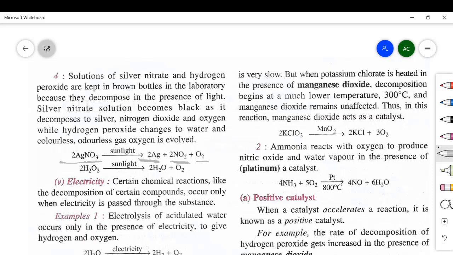If you keep silver nitrate solution in the laboratory, it will decompose into these compounds, and that is why silver nitrate is kept in a brown bottle. Silver nitrate and hydrogen peroxide are both kept in brown bottles in the laboratory to stop decomposition due to light. Silver nitrate solution will turn black, breaking down into silver, nitrogen dioxide and oxygen, and hydrogen peroxide changes to water, and colorless oxygen gas is evolved. So these are the two examples.